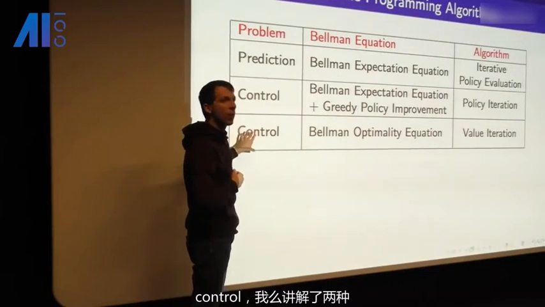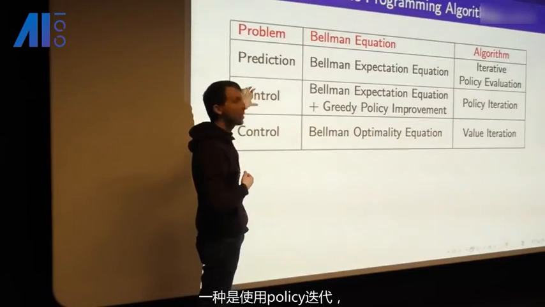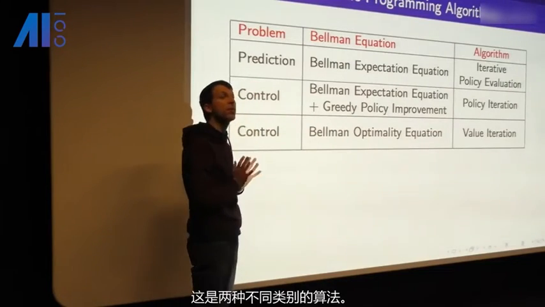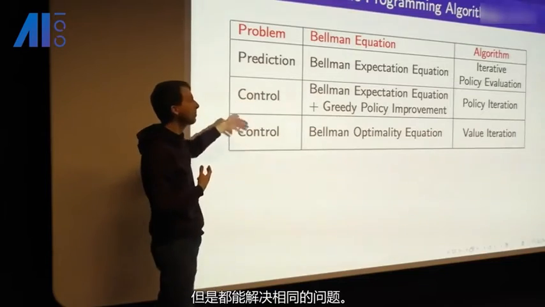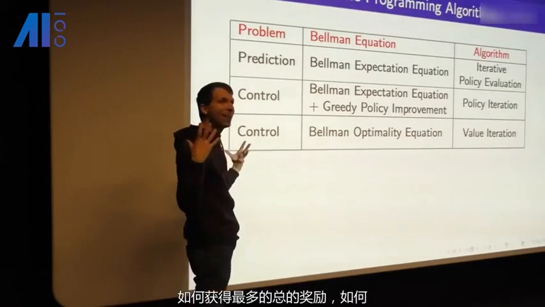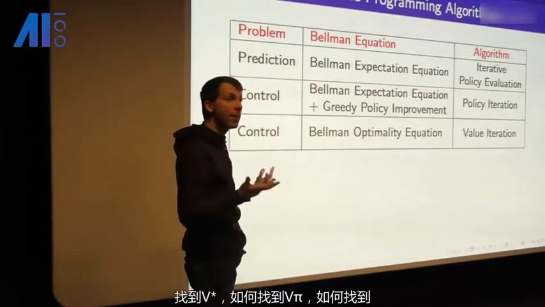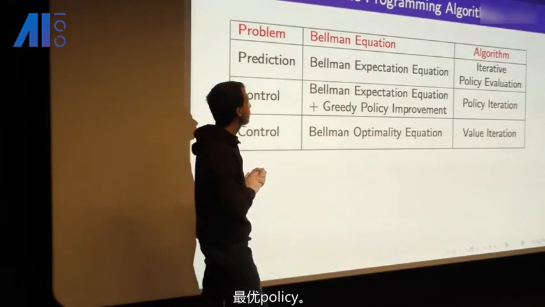Then we consider control. We consider two different ways to do control: first of all, using policy iteration, and secondly, using value iteration. These are two different families of algorithms that both address the same problem type, which is how to get the most possible juice out of your MDP, how to maximize the total reward, how to find V star now rather than V pi, and hence the optimal policy.